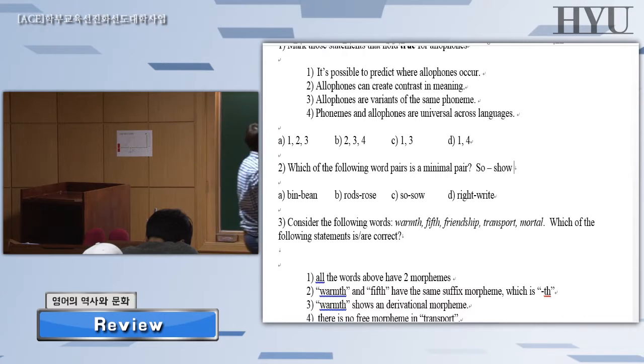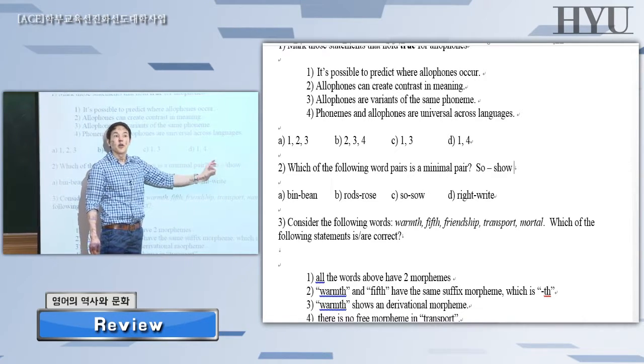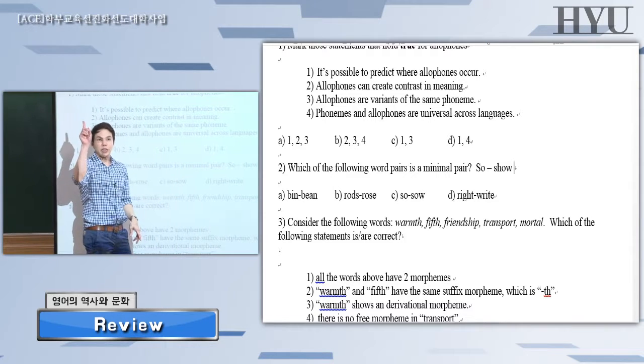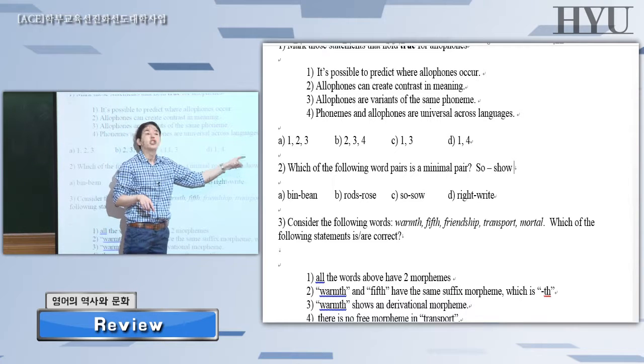So, for example, the words so and show, this is a minimal pair because there's only one difference between the two, which is the S sound and sh, right?